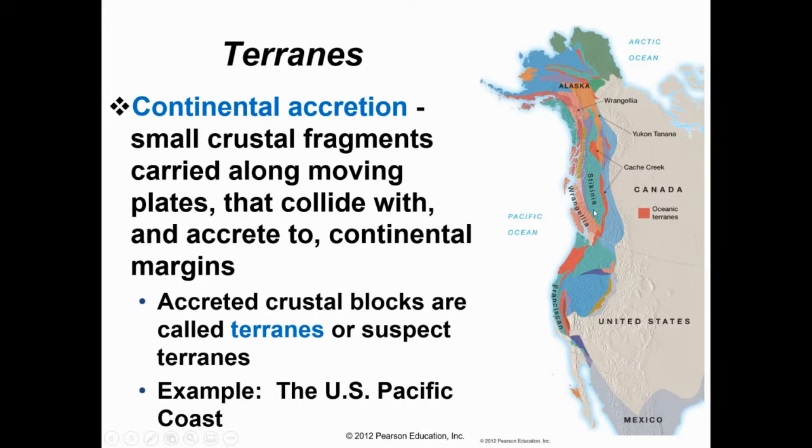But as you can see, a substantial amount of the whole west coast, including most of Alaska, pretty much all of British Columbia, Washington, Oregon, Nevada, and California, is not part of the original North American continent, which is called a craton. It's this tan area that you're seeing. That's the oldest, the original continental rock, super old stuff. So all these different colors represent younger materials that have been plastered onto the side of the continent.